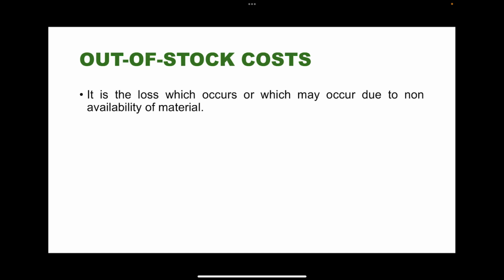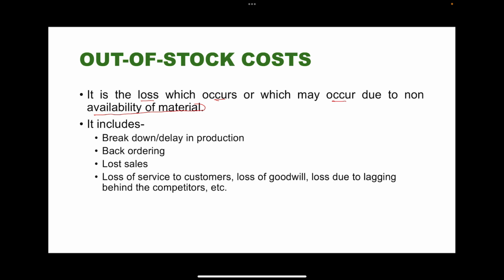Then you have the out of stock cost. It is the loss which occurs or which may occur due to non availability of material. That means if the store is not able to meet its demand, then because of that, it incurs a loss. That is called the out of stock cost.